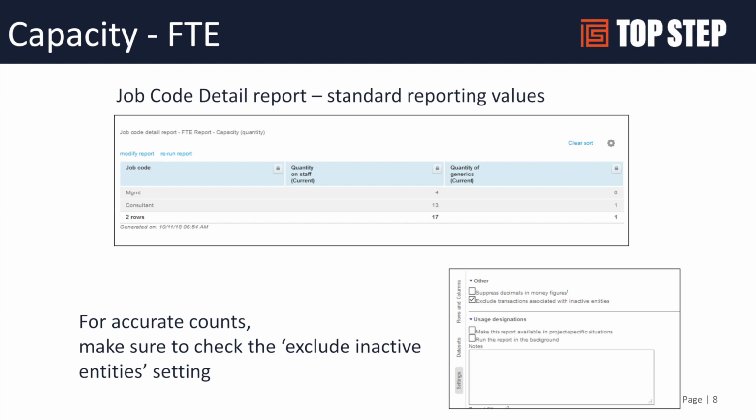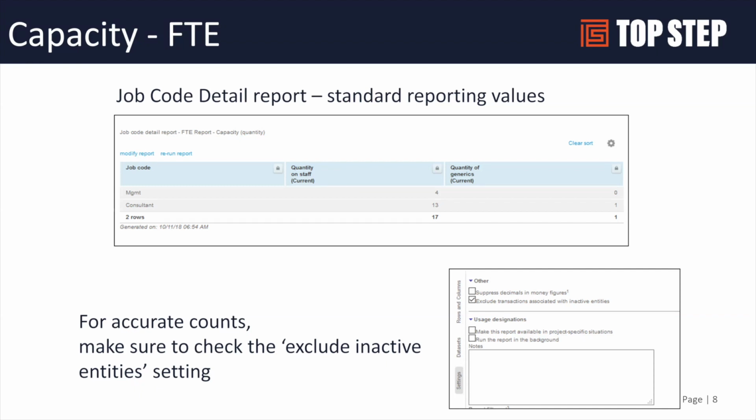The quantity of staff looks at your user count by job code. So here you see project manager, we have 4 FTEs, and consultants, we have 13, so a total of 17 FTEs in this report.